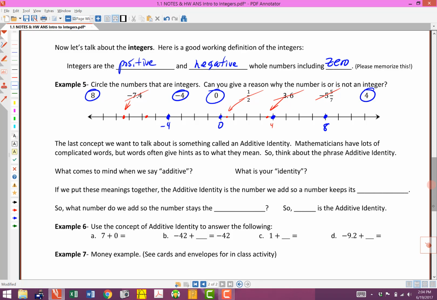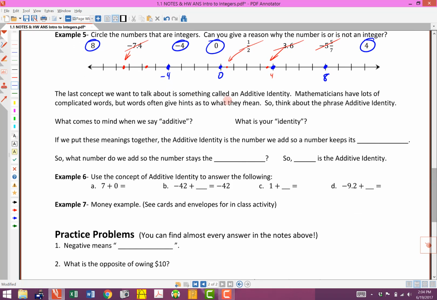So the last concept we want to talk about today is something called an additive identity. Now, mathematicians use some complicated words, but a lot of times the words they use give you a hint as to what they mean. So I want you to think about the phrase additive identity. Think about what comes to mind when we say the word additive. Well, the root word right there is add.